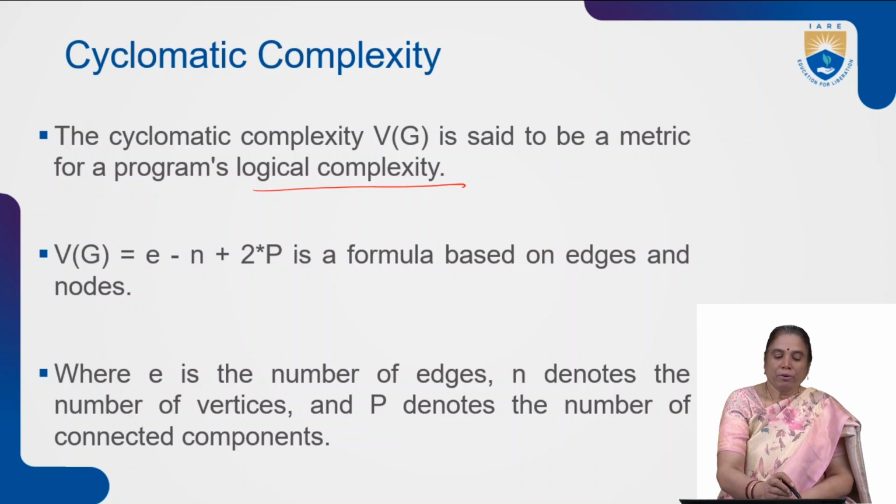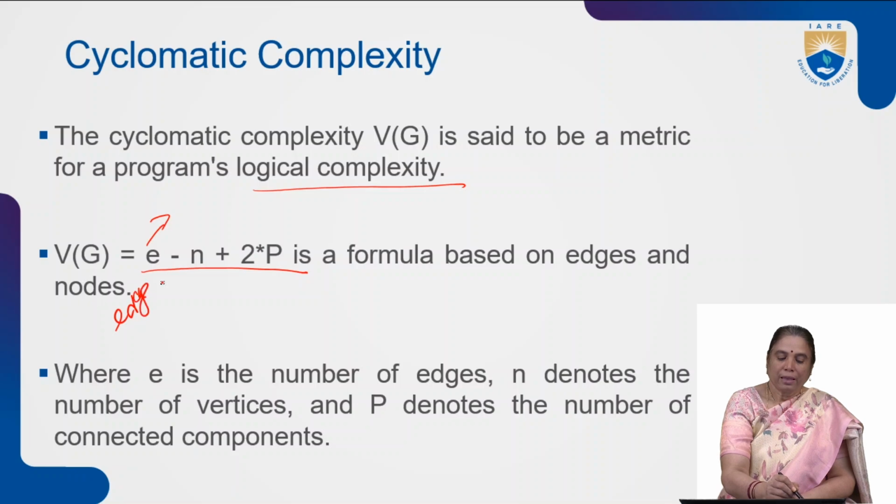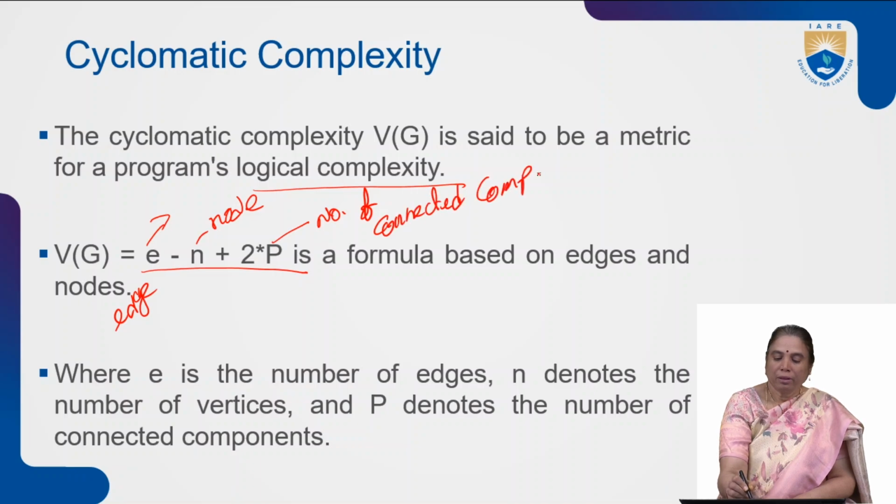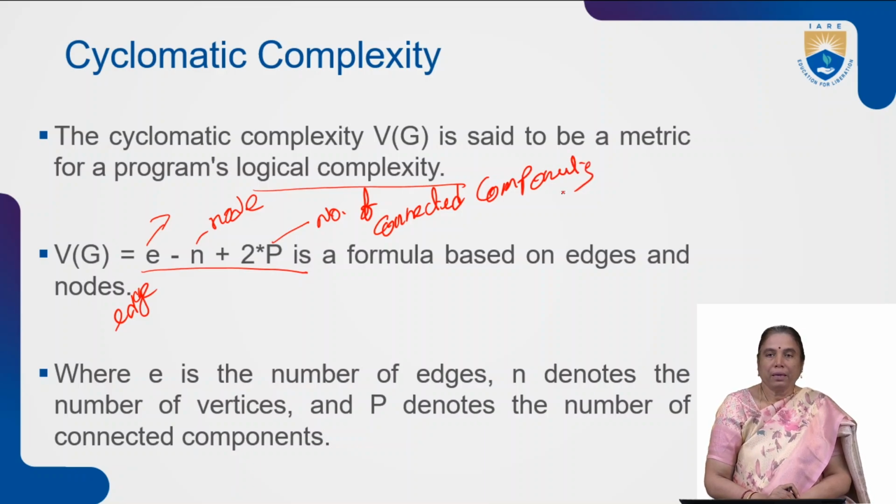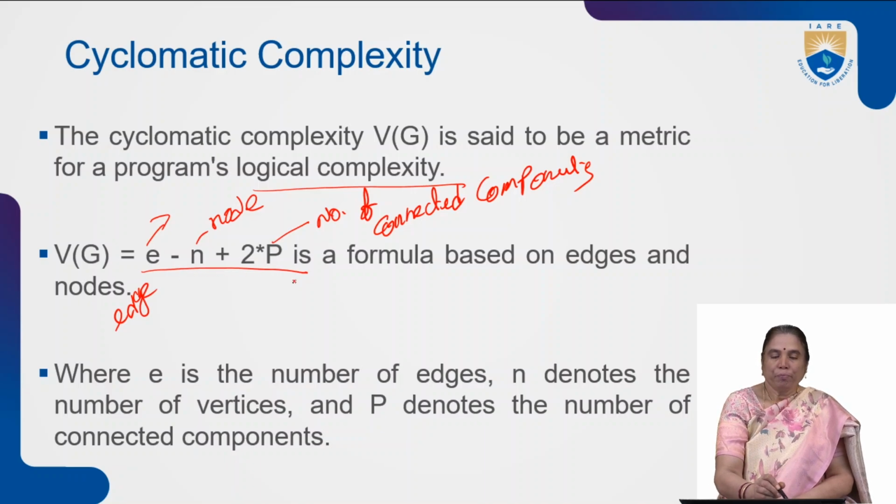This is carried out with the formula E minus N plus 2P, where E is the number of edges, N is the number of nodes, and P is the number of connected components. By using this formula, the cyclomatic complexity can be evaluated: E minus N plus 2P.